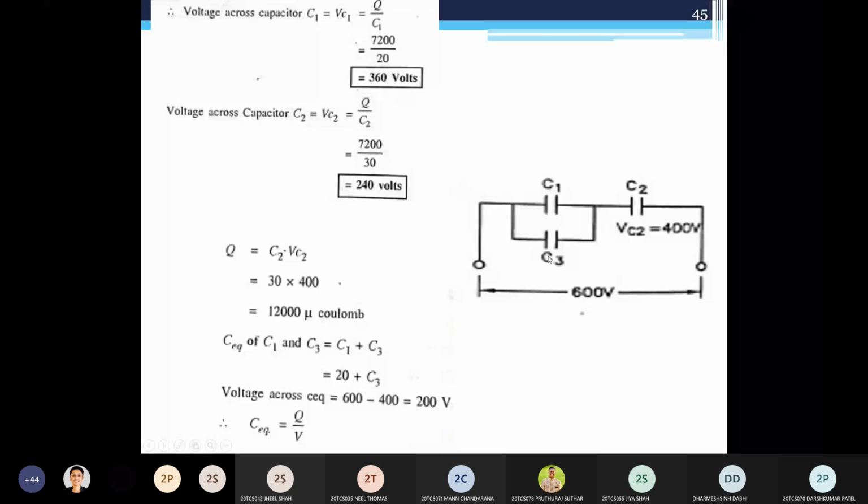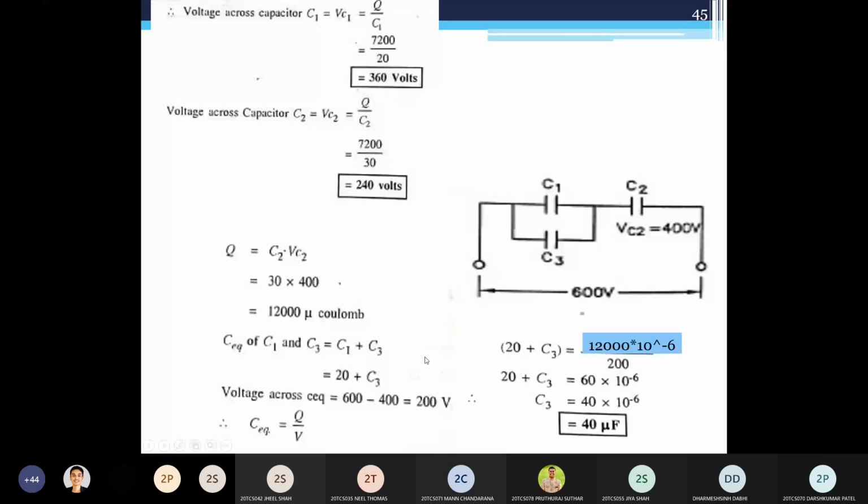C1 and C3 are connected in parallel, so the equivalent is the addition, C1 plus C3. C1 is 20, C3 is unknown. As you know, the voltage across C2 is 400, supply is 600. So the voltage across C1 and C3 automatically becomes 200, that is 600 minus 400. Clear?